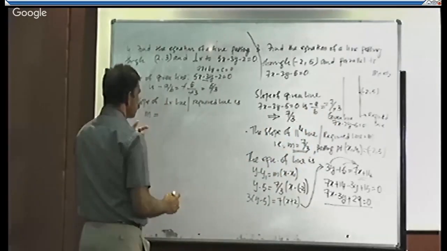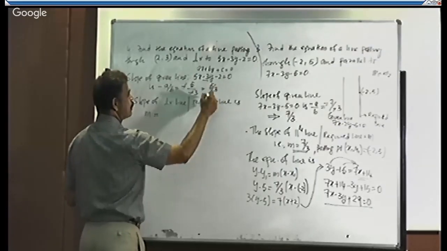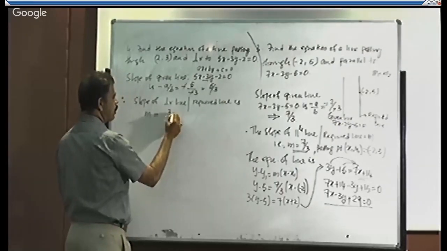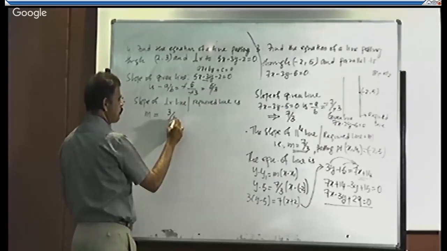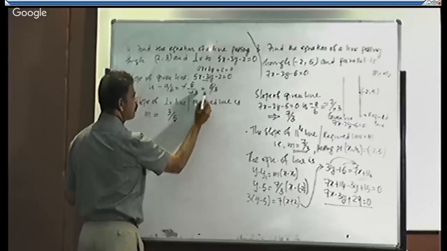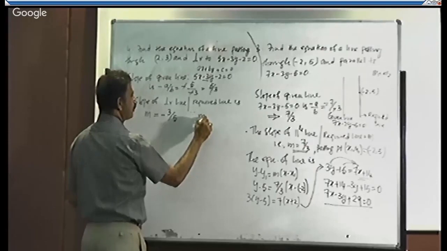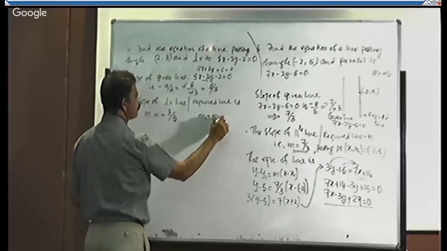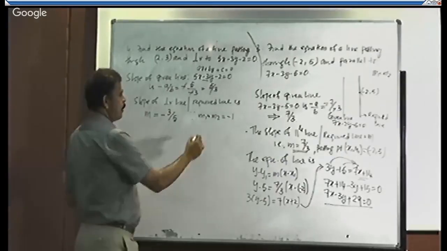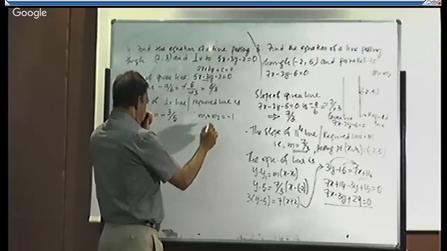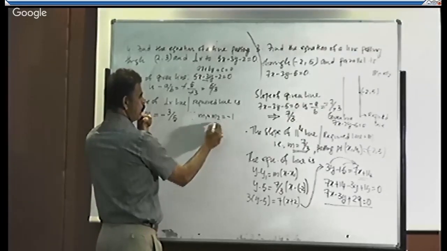For perpendicular, as I mentioned, just reverse the values. Take the reciprocal. We have 5 by 3. You take it as 3 by 5. Here we have a positive value. We should take it as negative, because m1 into m2 is equal to minus 1. If I take this as m1, this is m2. So m2 is equal to minus 1 by m1.